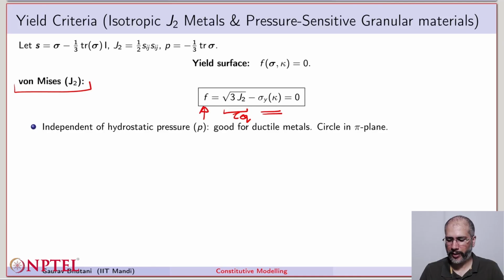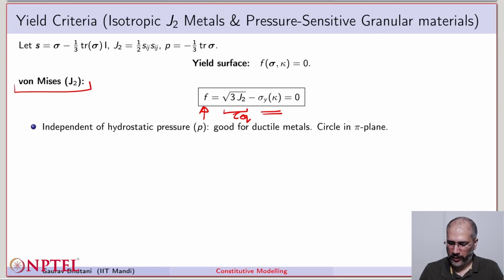When tau equivalent becomes equal to sigma yield, that's the meaning of the yield surface. If tau equivalent is less than sigma yield, that's the elastic region, and tau equivalent cannot be greater than sigma yield, because as soon as it reaches the sigma yield value, it cannot cross it, the material starts to plastically flow.